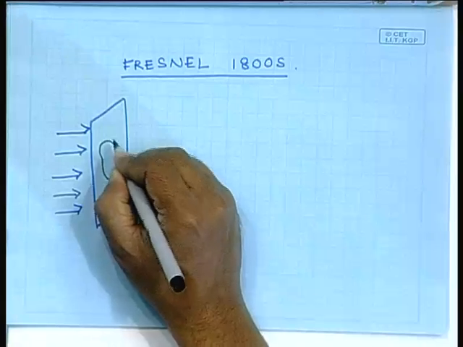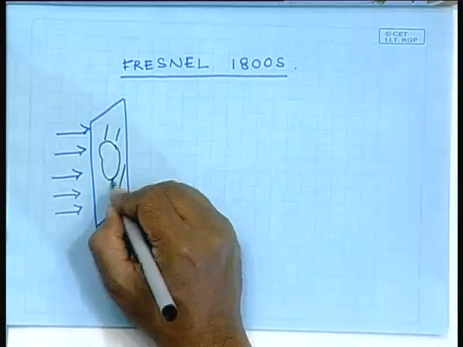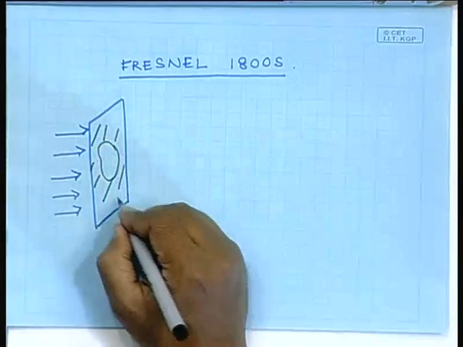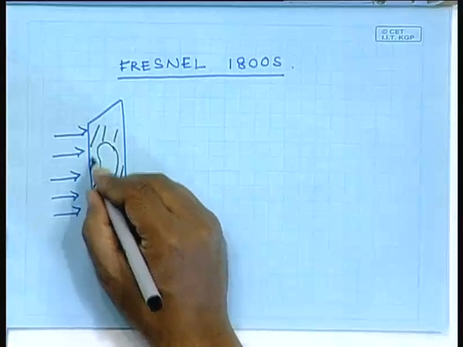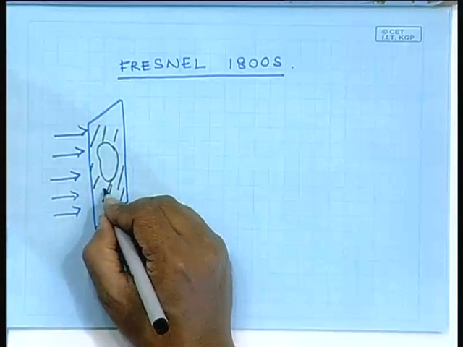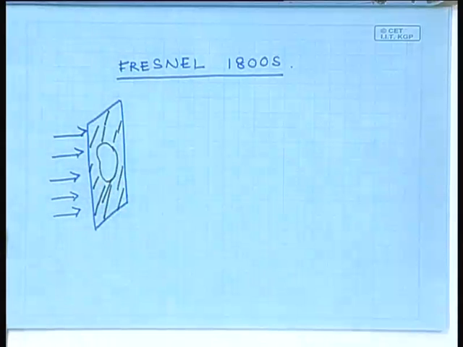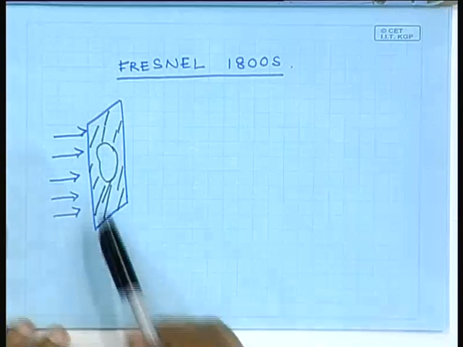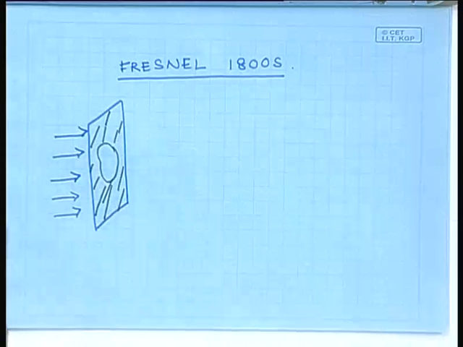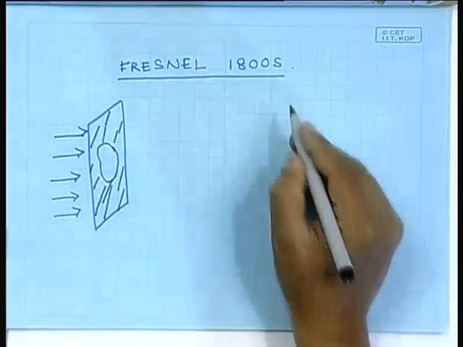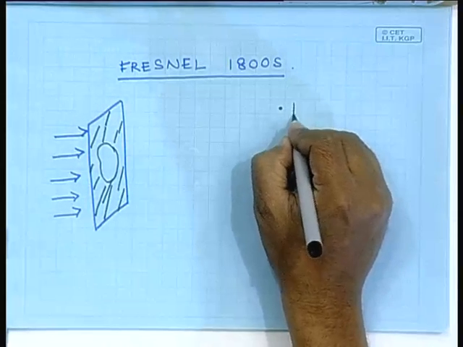So, the screen is opaque, this part of the screen is opaque, and except for an aperture through which the wave can pass, the rest of the screen is opaque. And we would like to study the intensity of the radiation that passes through, the wave that passes through at some point P over here.